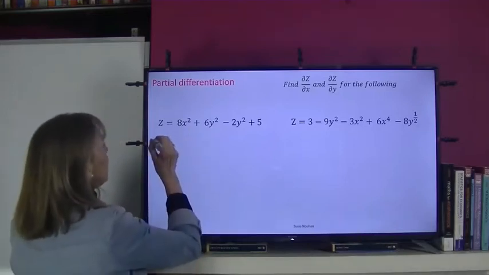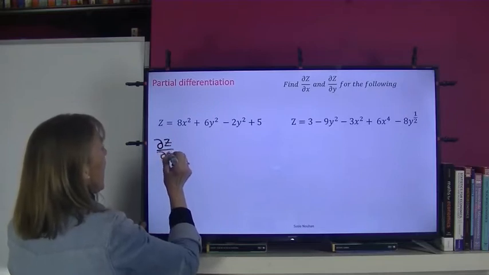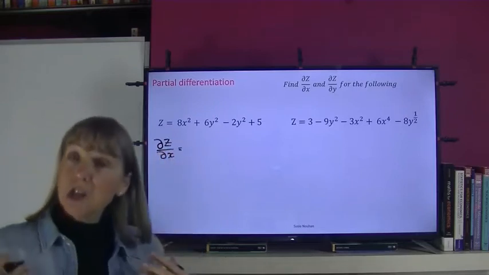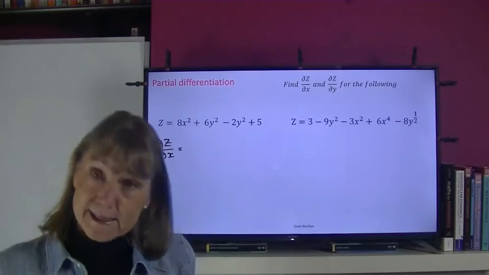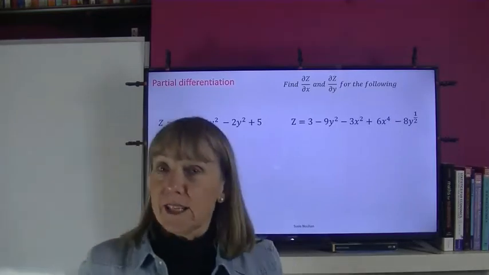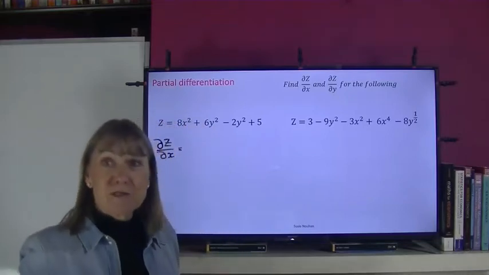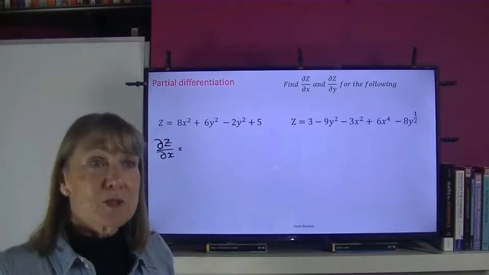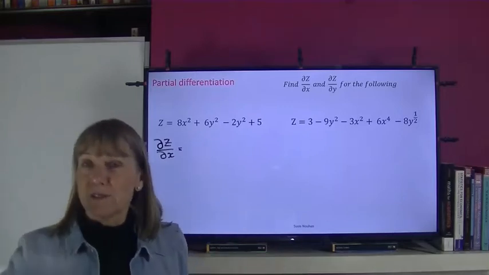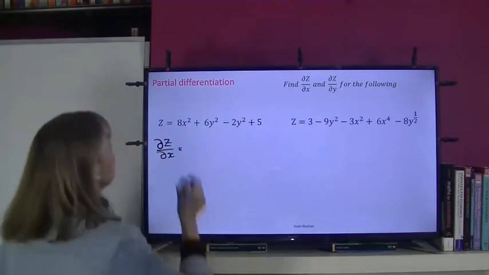So curly d z over dx. Now, I just go through and I differentiate x like I always do. And whenever I come for a y, I treat it like a constant. So if I see a y, I don't differentiate it, I just treat it as a constant, which means if it's all on its own, it goes away in differentiation. So let's have a go.